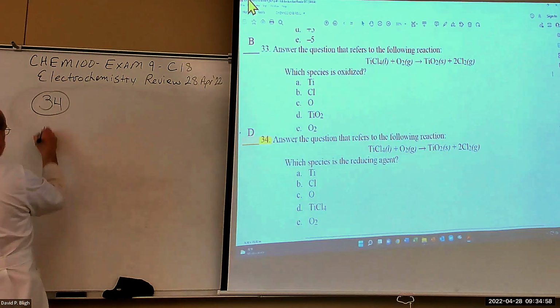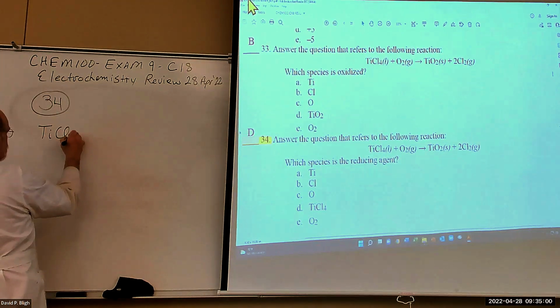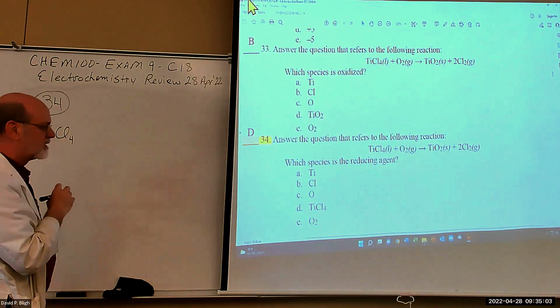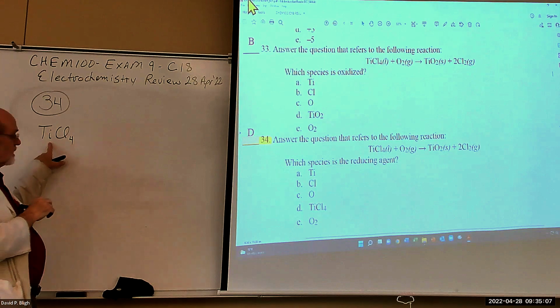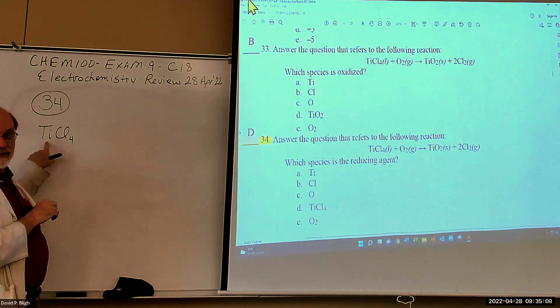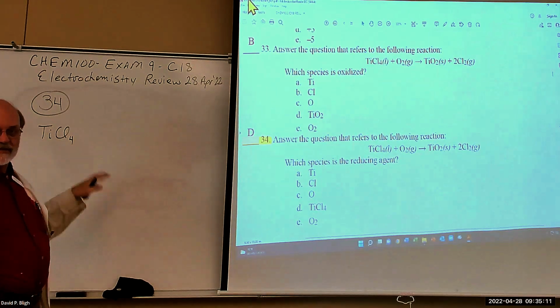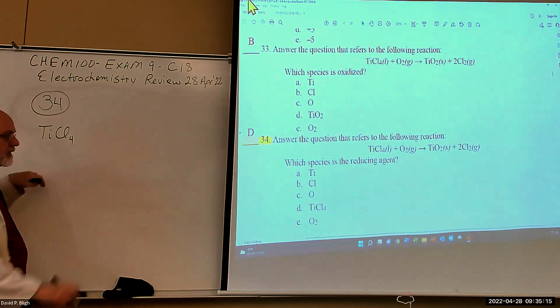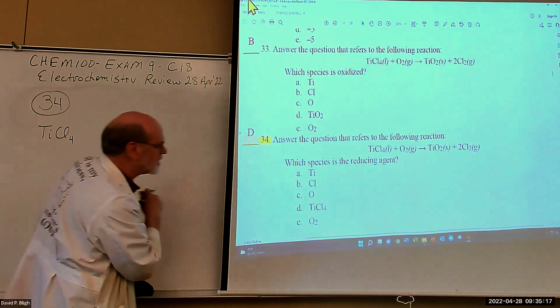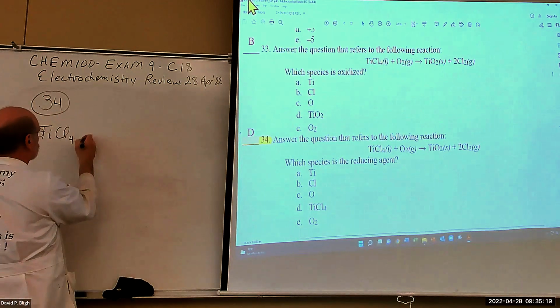So let's see, we've got titanium chloride. Actually, titanium 4. If this is a -1, that one has to be a +4. So this is a type 2 compound. Titanium, Roman numeral 4, chloride. And that is a liquid.